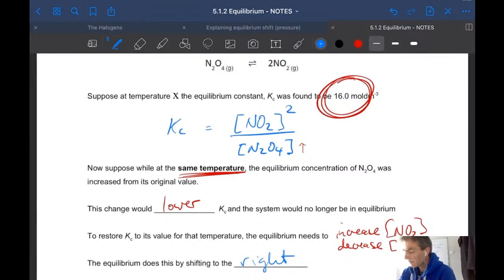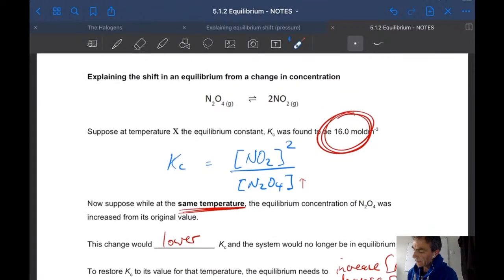Sometimes what I say to my students is, you've got to be careful if you do this, but it's a way to think about it. If you're explaining this in terms of Le Chatelier's principle, if you increase that, the equilibrium shifts that way to get back to it, to minimize the change. An increase in a reactant concentration forces an equilibrium over to the right hand side.